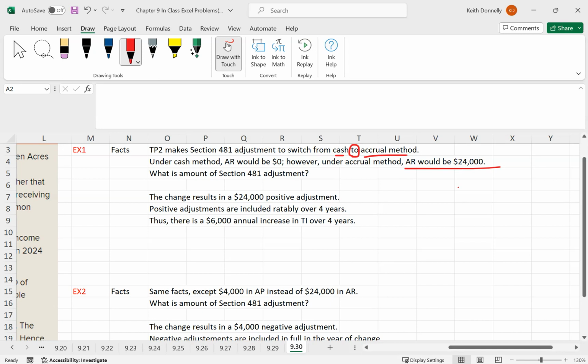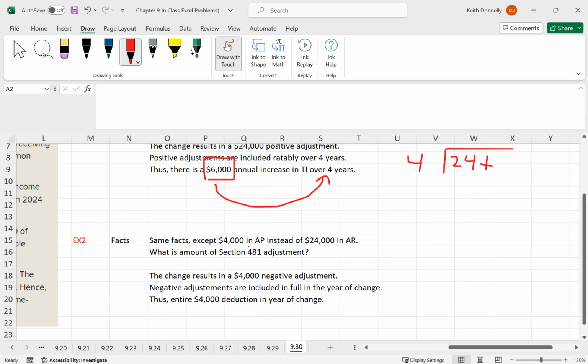More sales on account. This results in a positive adjustment, 24,000, right? So because it's positive, we recognize that over 4 years, which means we're going to recognize $6,000 a year in our taxable income for the next 4 years. So they'll let you spread it out a little bit, right?